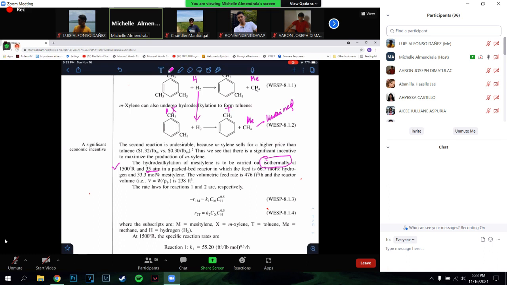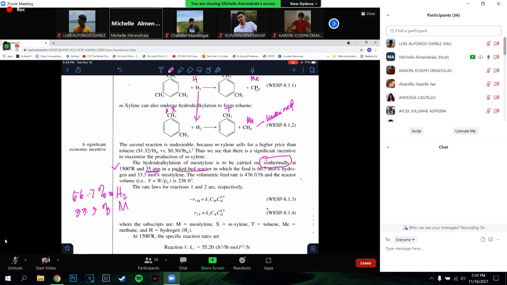So the pressure is very high, 35, and it's a packed bed reactor in which the feed is 66.7% mole hydrogen and 33.3% mole mesitylene. Just remember this: 66.7 hydrogen, 33.3 mesitylene.